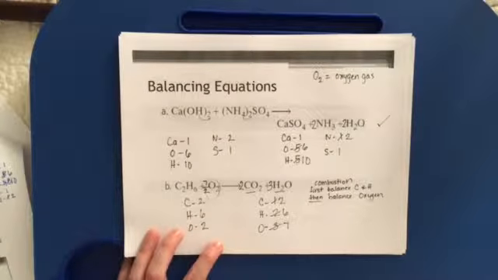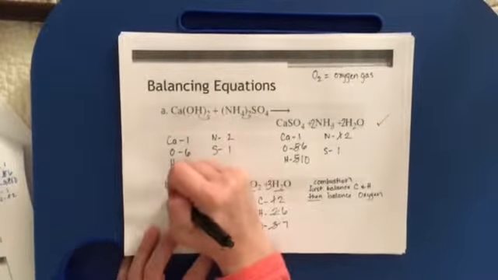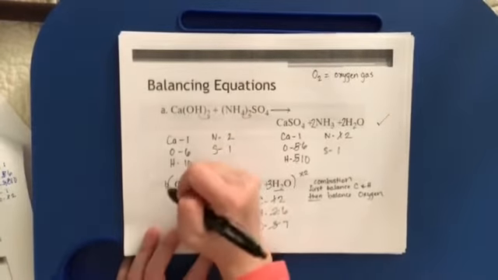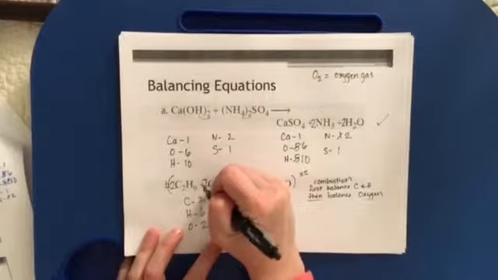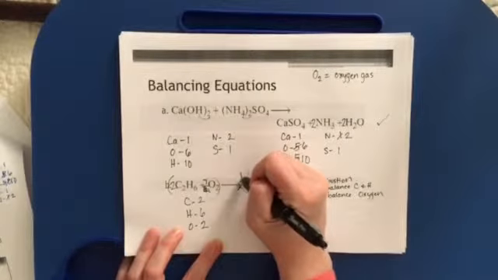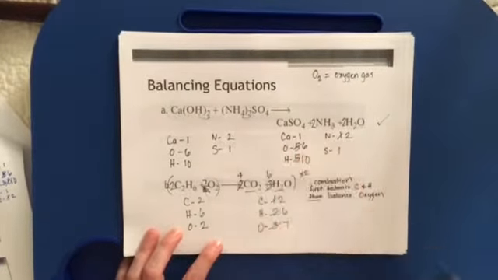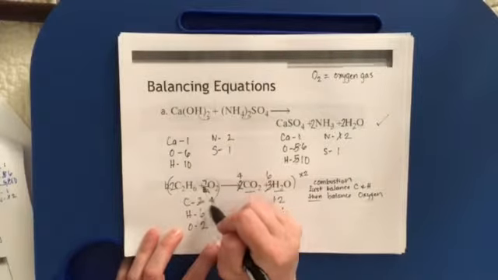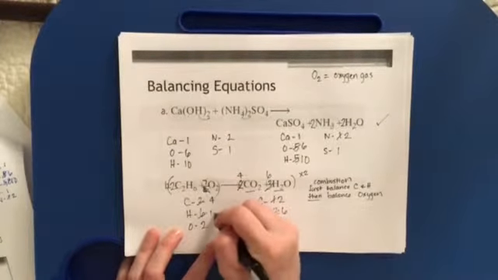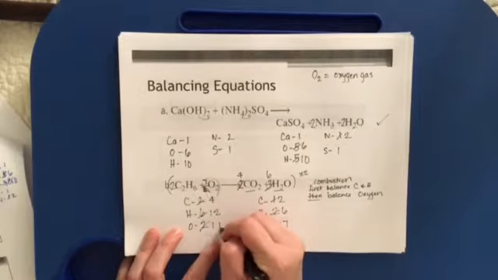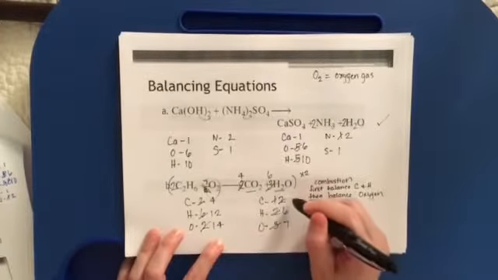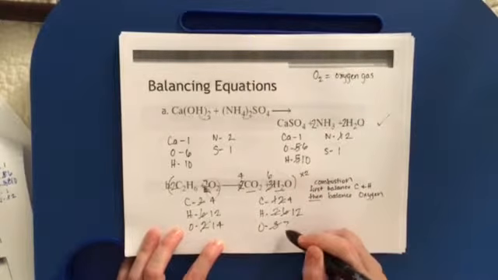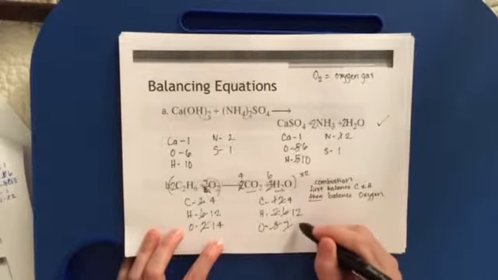And then what I can do to make it all whole numbers is just multiply the whole thing by 2. And so then I have 2, I've got 7, I've got 4, and 6. And so if you follow through with this, that's 4, 12, and 14. And then 4, 12, and 8 plus 6 is 14.